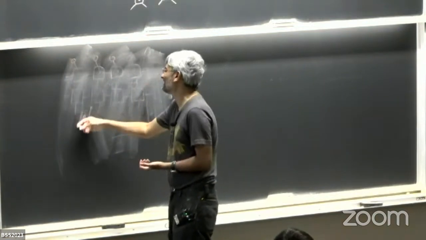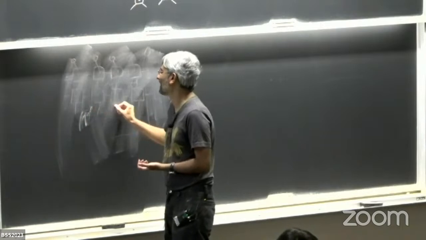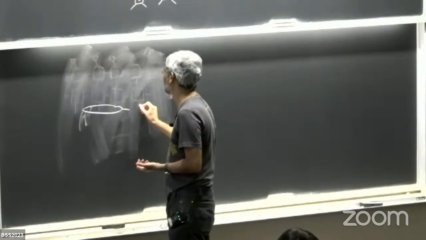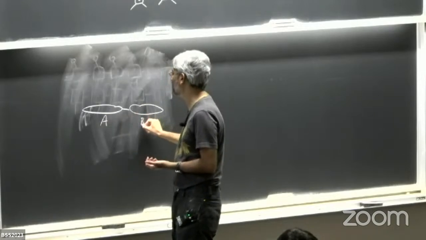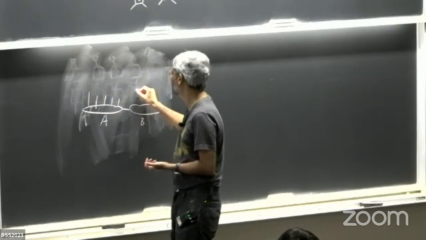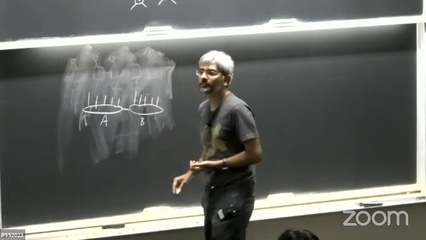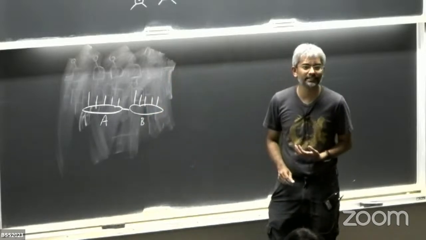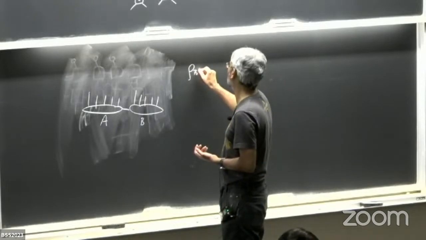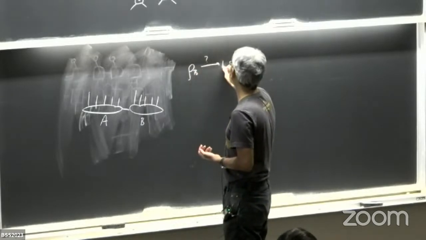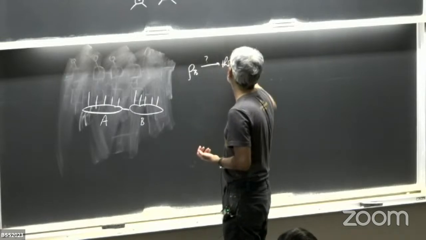So you have a state on, let's say, n qubits, and I'm going to divide it into a region A and a region B. The conventional understanding of thermalization is the question of whether rho B goes to a thermal state.